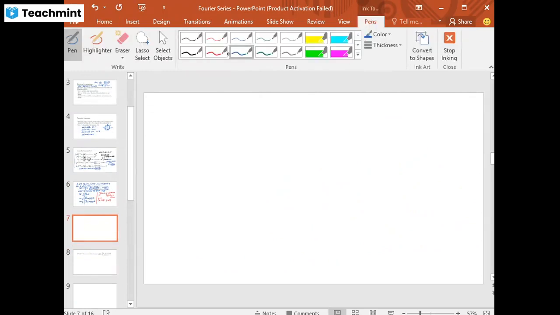So here we are going to consider that if your function f of x is defined in the interval minus L to L, then suppose we are considering case number one: if your function f of x is even, that is f of minus x is equal to f of x, then what is the value of a naught?